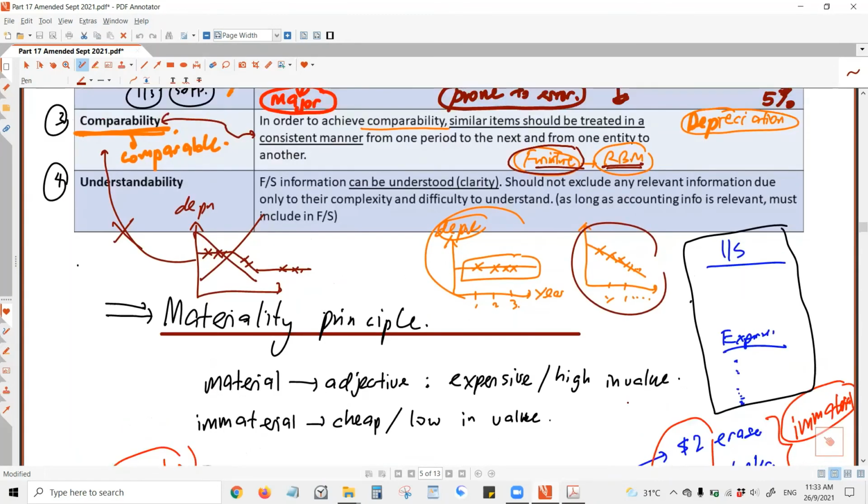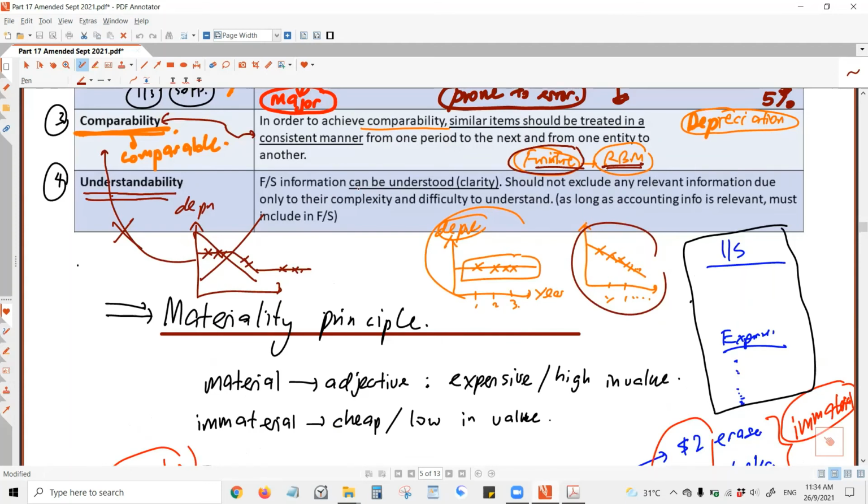Okay, now last one before we move on to questions. Understandability. You must ensure that the financial statements that you do can be understood. Very clear to the people who read your financial statements, people who read your income statement and SOFP. So as the term implies, it's easy to understand, understandable.